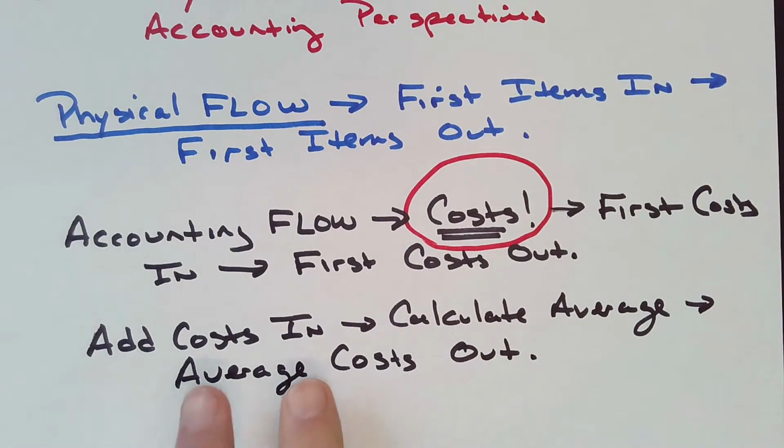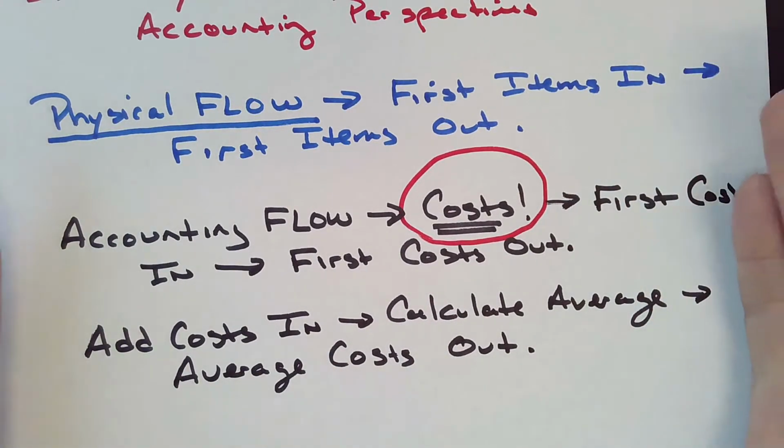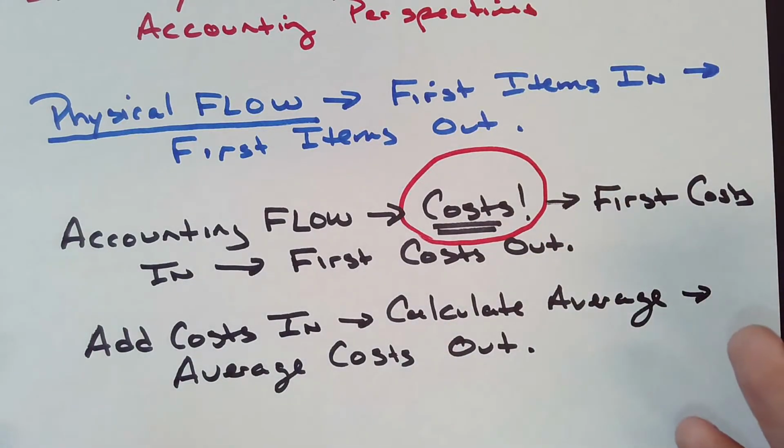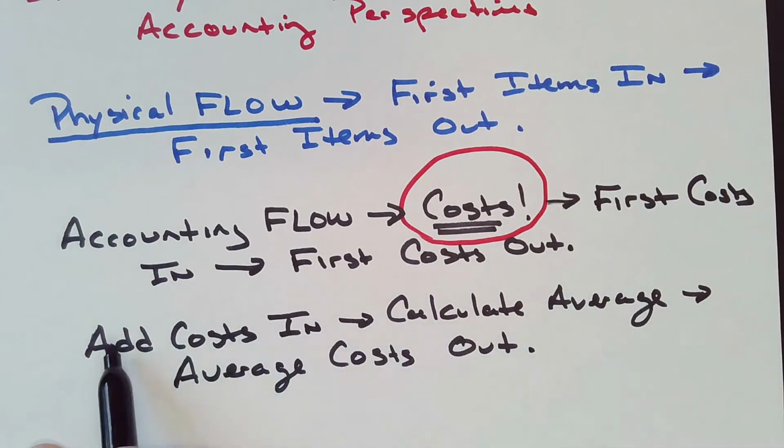Remember, this is only talking about costs. So I've got X number of dollars of inventory. I add some more cost in there for units, right? This is all based on the units.